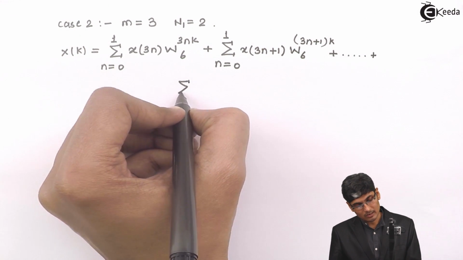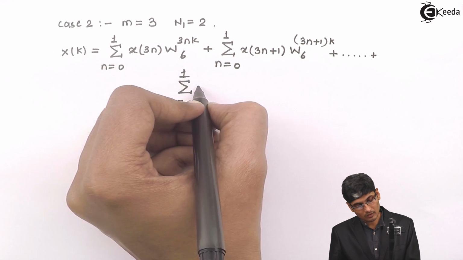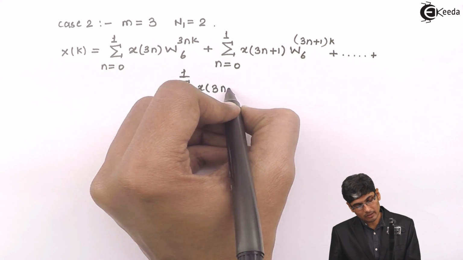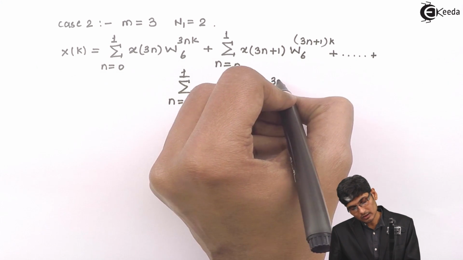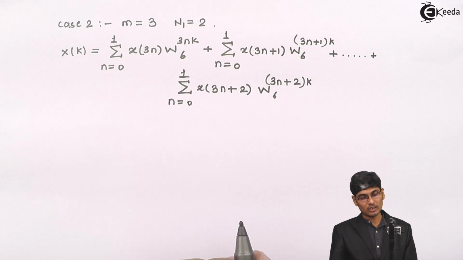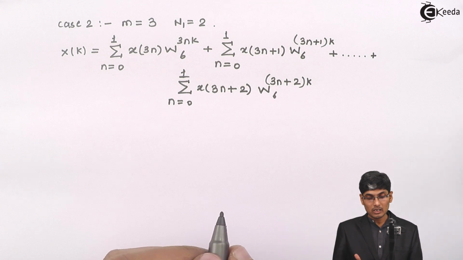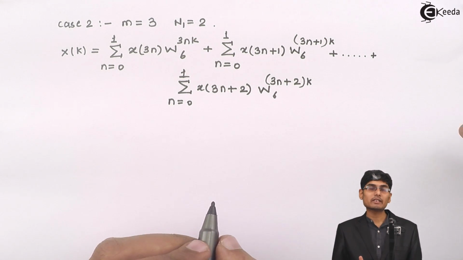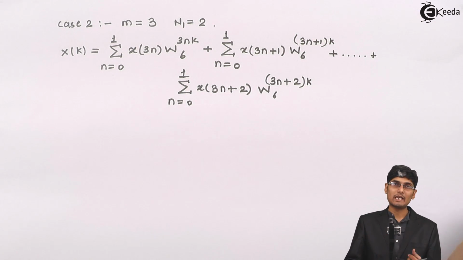So I will have summation n goes from 0 to 1 of x of 3n plus 2 W_6 raised to (3n plus 2) of k. So this dot dot dot is this term. No other term will come because m minus 1 is 2, so we have to go up to m minus 1.